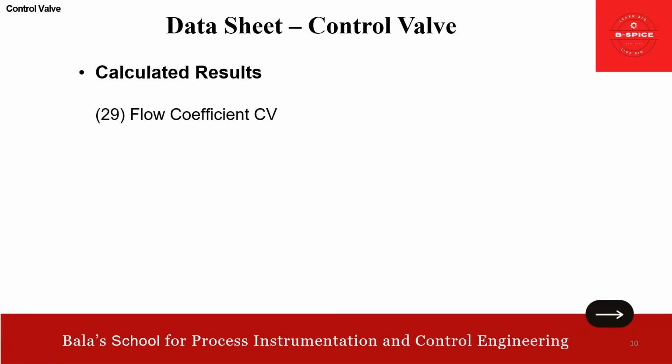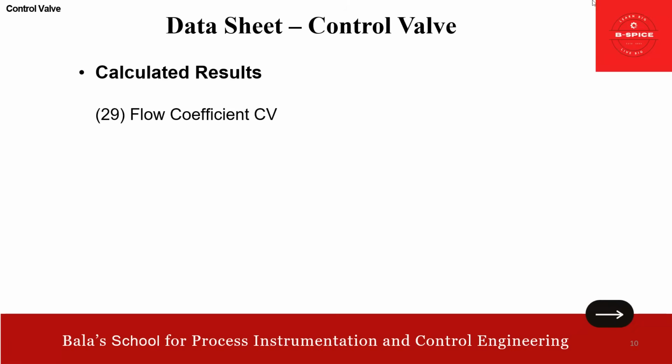Again, I repeat: valve coefficient CV is the flow capability of a control valve at fully open condition related to the pressure drop across the valve. Meaning, it's defined as a volume of water, gallons per minute in US, at 60°F that will flow through a fully open valve with a pressure differential of 1 psi across the valve.